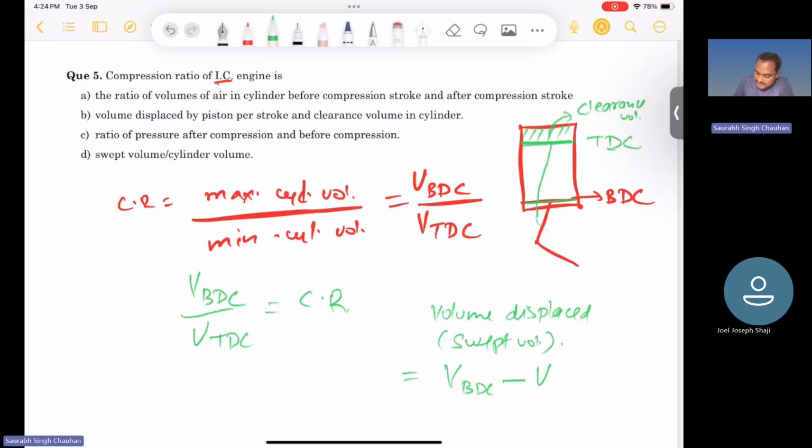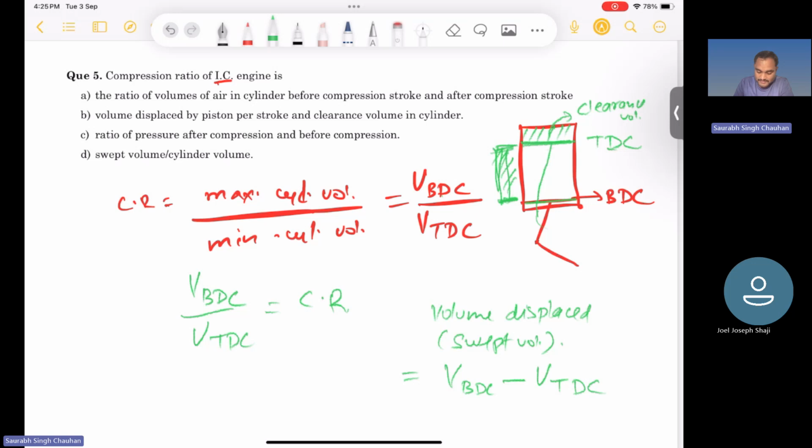When the piston travels from BDC to TDC, whatever volume it sweeps, that is the volume displaced. So part B is not the correct option.